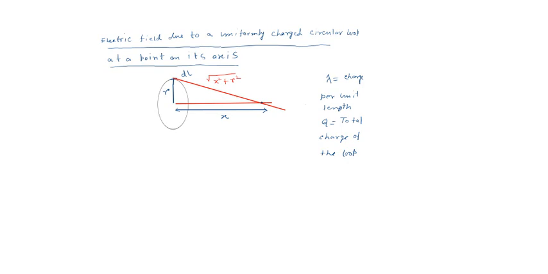Now if we consider another elemental length just opposite to this elemental length, somewhere here at the bottom, again for this elemental length the electric field will act on the point P in this direction with the same distance between the two points.